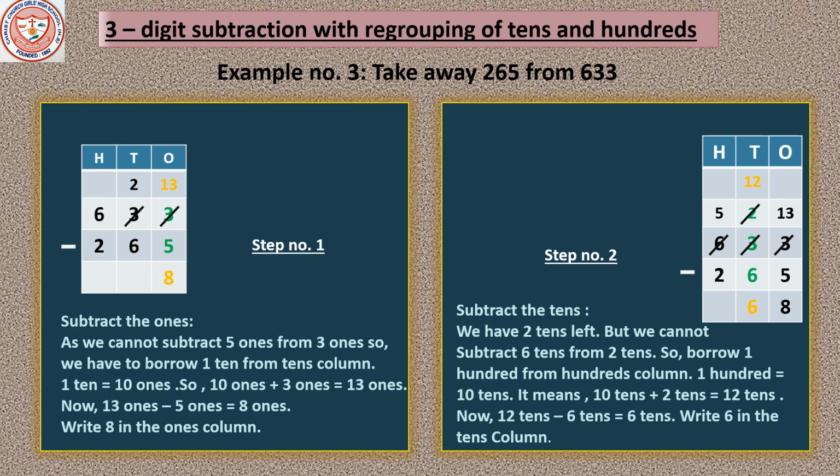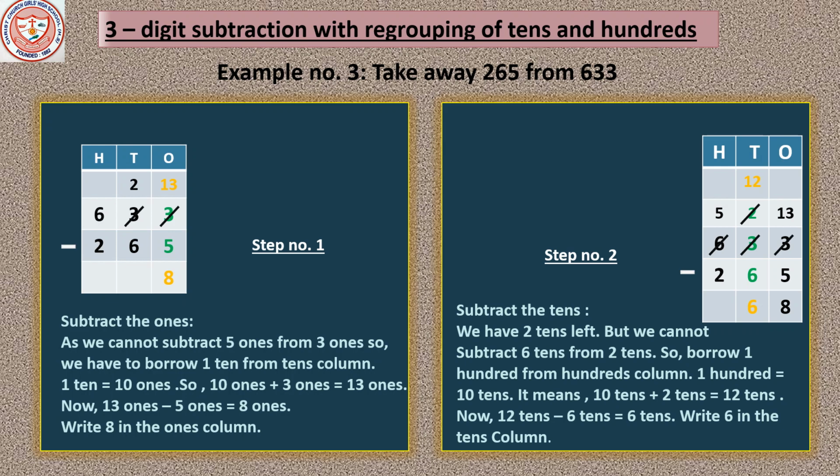So, we have to borrow 10 from the tens column. And we all know that 10 is equal to 10 ones. Now, after borrowing 10 from the tens column, it will be 10 ones plus 3 ones, which is equal to 13 ones.